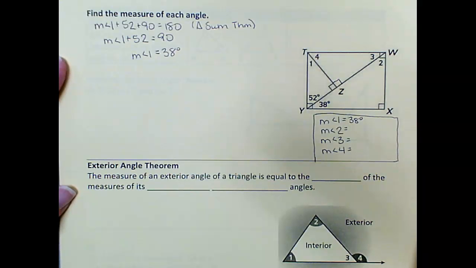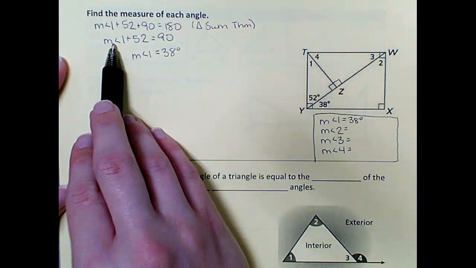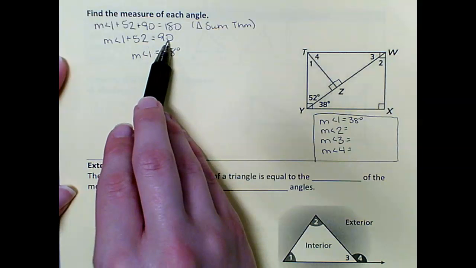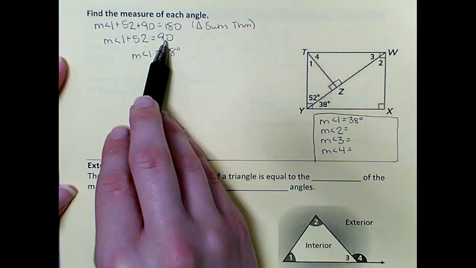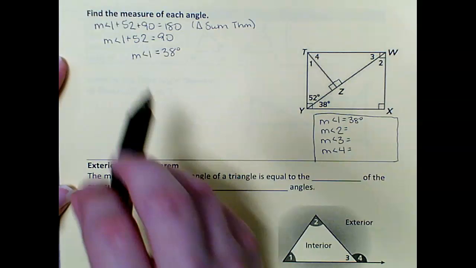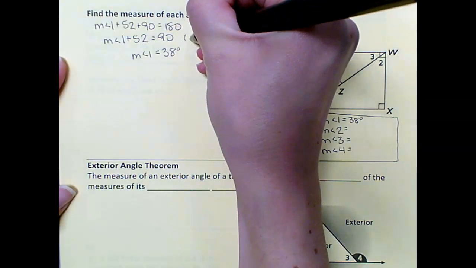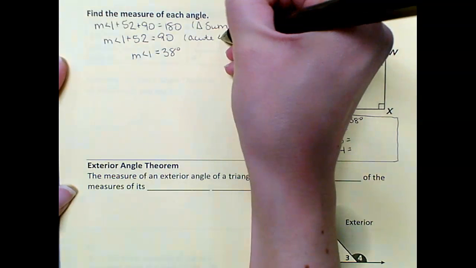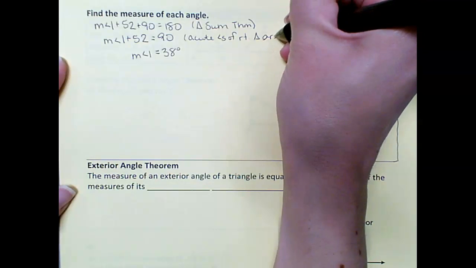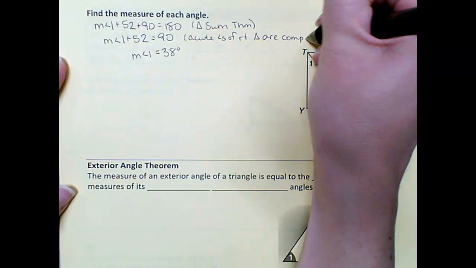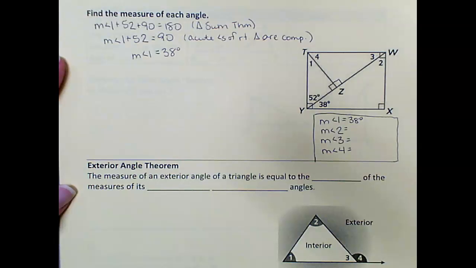It is also possible that you wrote the equation that the measure of angle 1 plus 52 equals 90, and that's from that first corollary that says that the acute angles of a right triangle are complementary. So either of those equations are correct. They both guide you to the angle measure for angle 1.